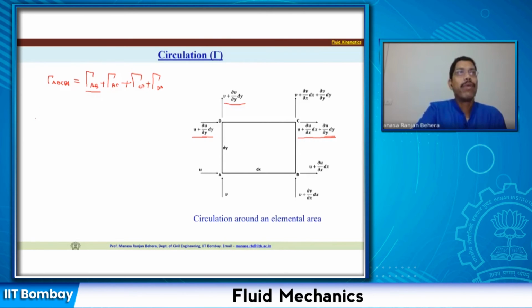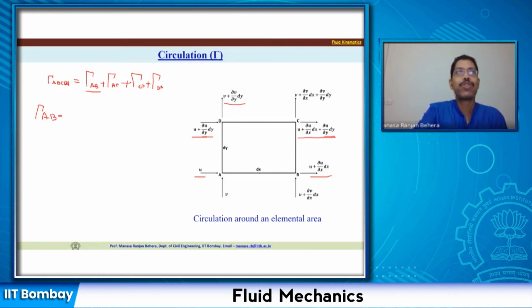So if I want to calculate circulation AB, then I need to find the velocity along this line AB, and that is your velocity u and u plus ∂u/∂x multiplied by dx. Now these velocities are different at this point and this point. If I take the average velocity and apply it for the whole segment, then it will be okay.